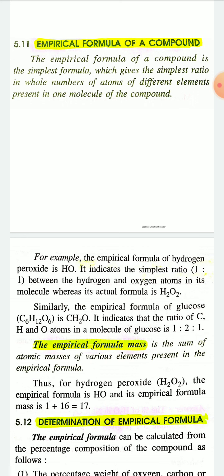The simplest ratio becomes 1 is to 2 is to 1. So in the simplest ratio you can see 1 carbon atom, 2 hydrogen atoms and 1 oxygen atom are there. According to the simplest ratio, the formula of glucose becomes CH2O.